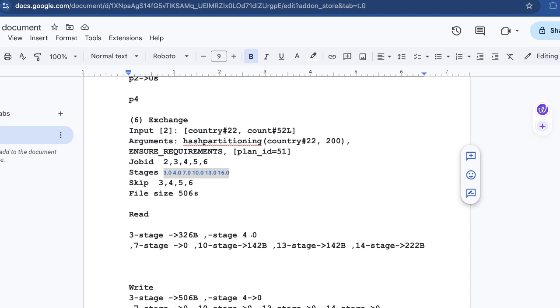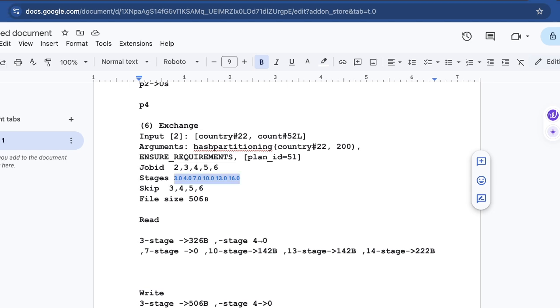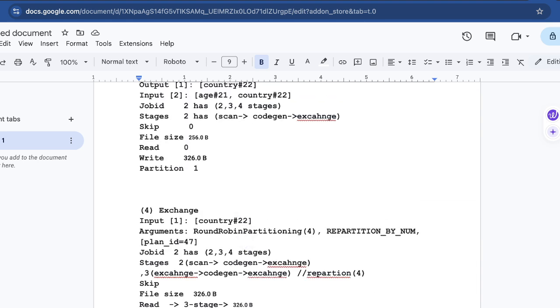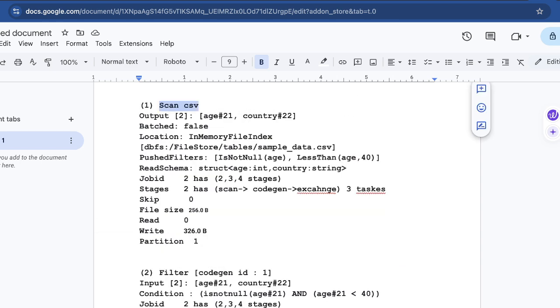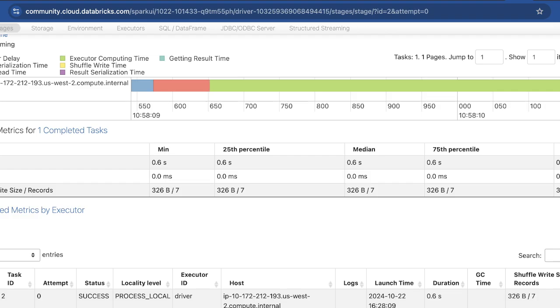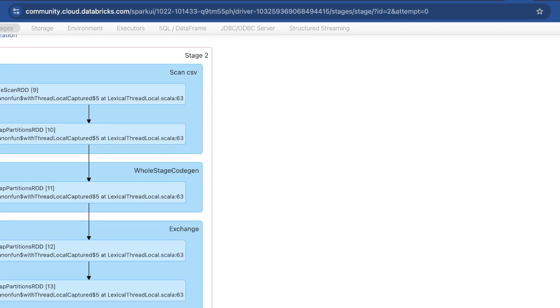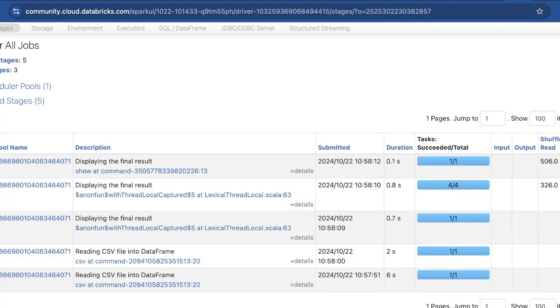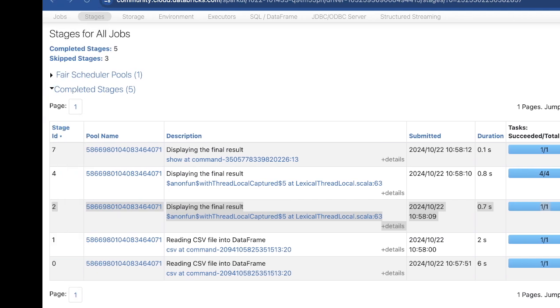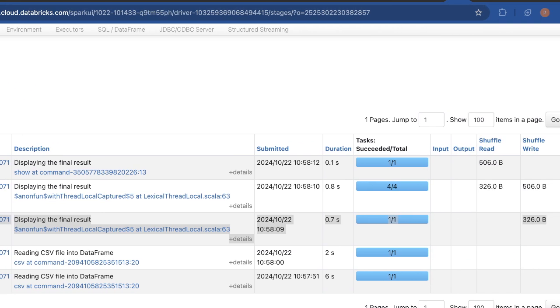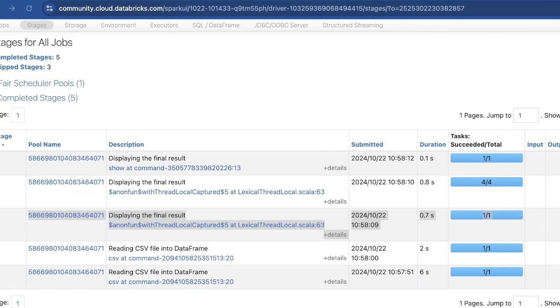For this second job, which is the scanning, it has created one partition. I'll show you in the stage. In stage 2, it is writing a shuffle write of 326 bytes in one partition.